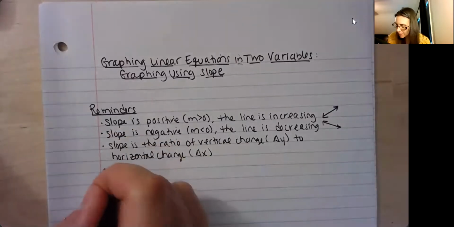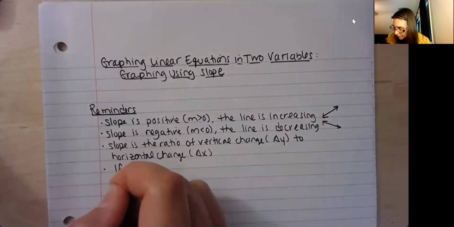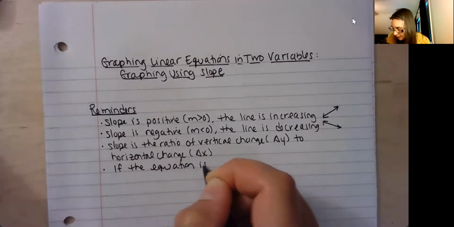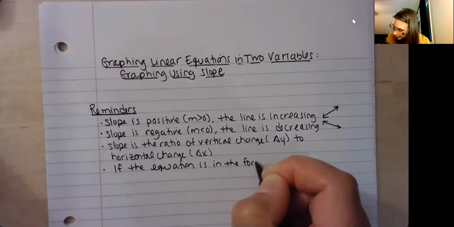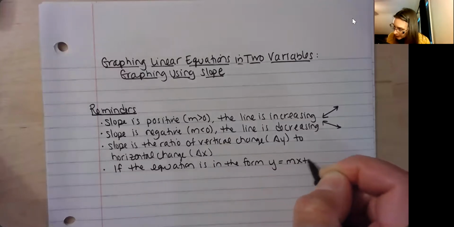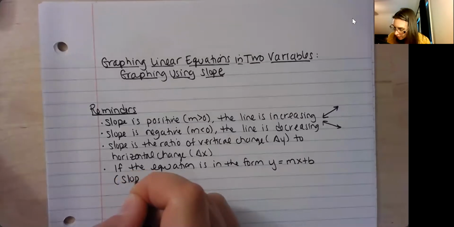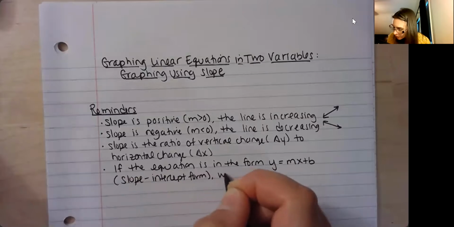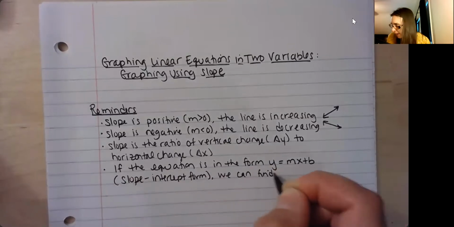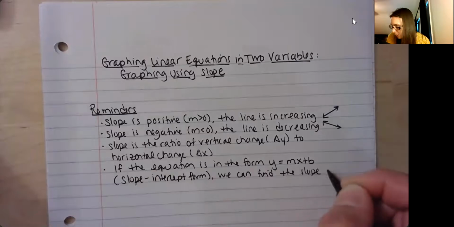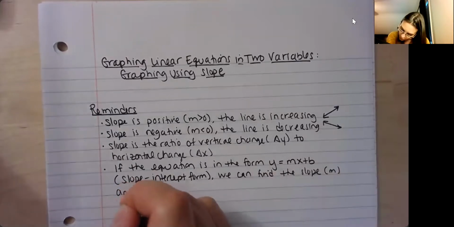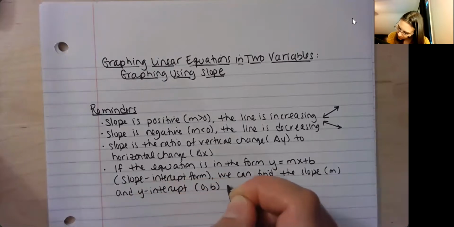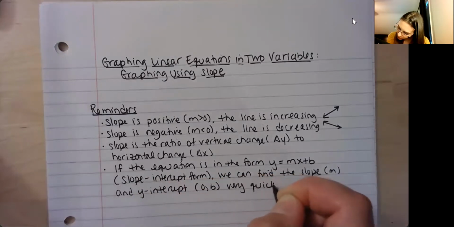And another quick thing we want to remember is that if the equation is in the form y equals mx plus b, so this is actually called slope intercept form, we can find the slope, which is the m, and y-intercept, which is the point 0, b, very quickly.